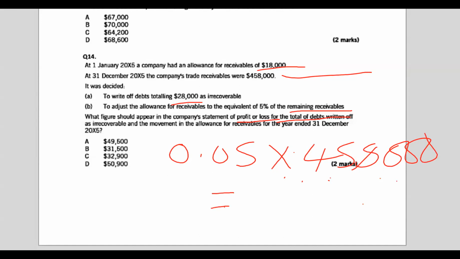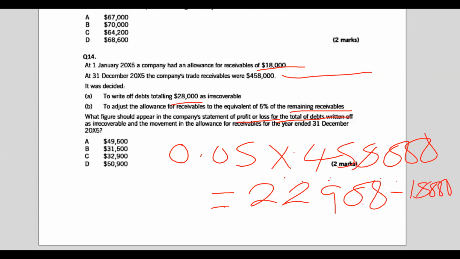It's giving us 22,900. Then we'll subtract the 18,000 from this amount we've gotten right now, because these were the allowance for receivables from the previous year. What do we get? $4,900.